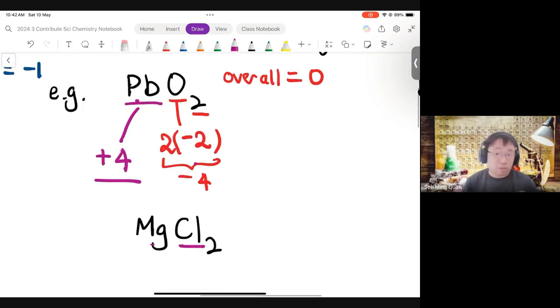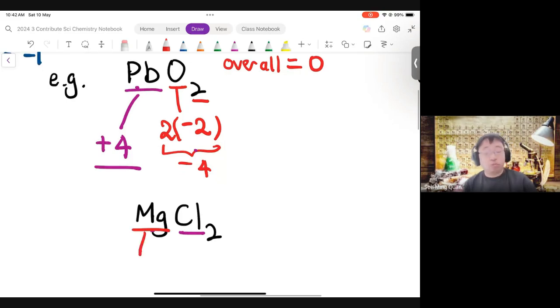Now we move on to the next one, MgCl2, which was also present in your notes. So how do you work out Cl's oxidation state? Of course, there are a few ways. The first way is to realize that it's magnesium chloride. Magnesium, if you look at the periodic table, is in group 2. Then you ask yourself, how will a group 2 element like magnesium react?